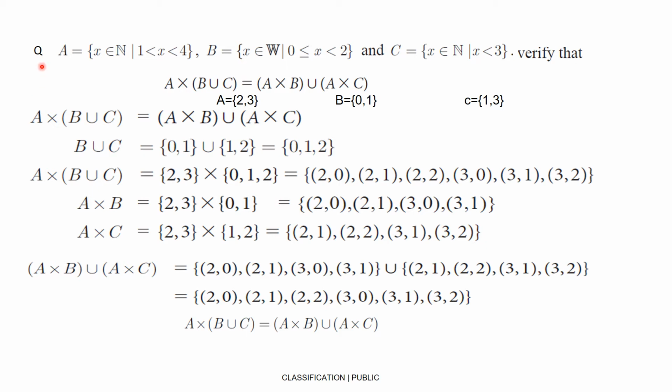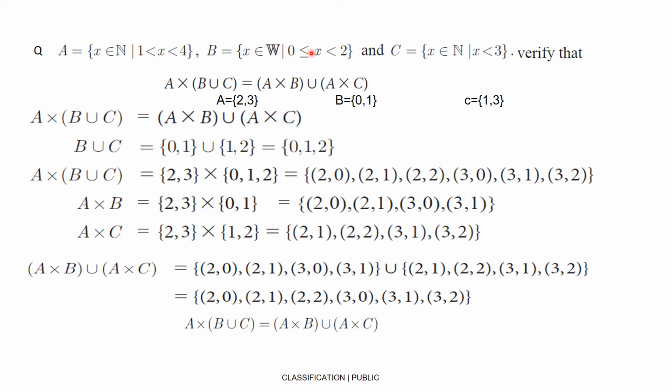Next you see the question. A equals {x belongs to N such that 1 < x < 4}. N means natural numbers. Natural numbers start with 1, 2, 3 and go on to infinity. And B equals {x belongs to W such that 0 ≤ x < 2}, where W is the whole numbers 0, 1, 2, etc. That means you have to include 0 also.